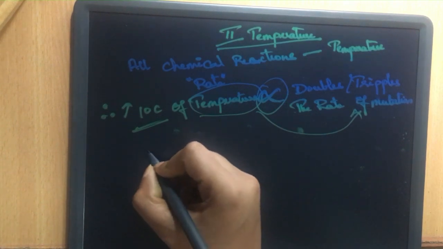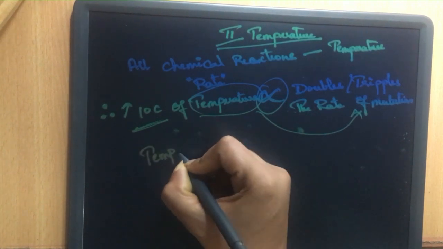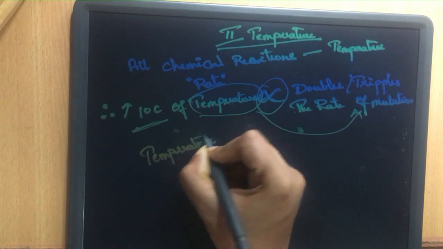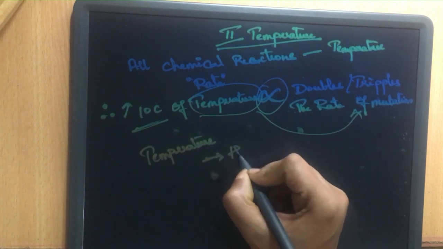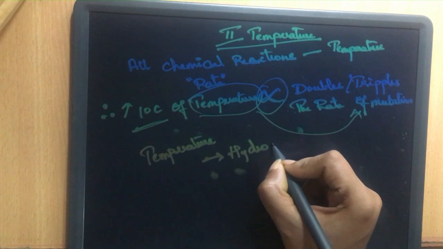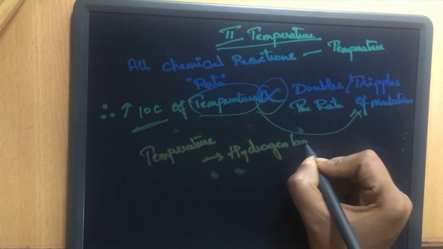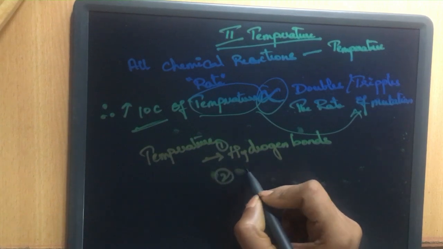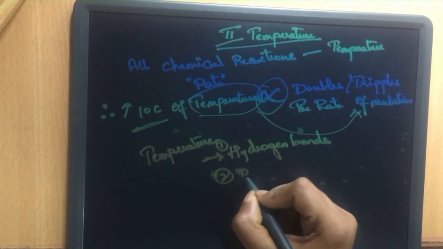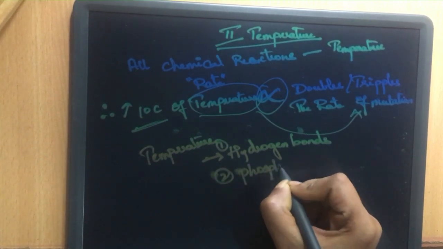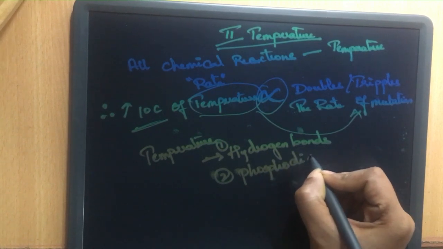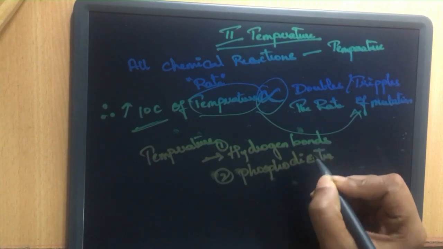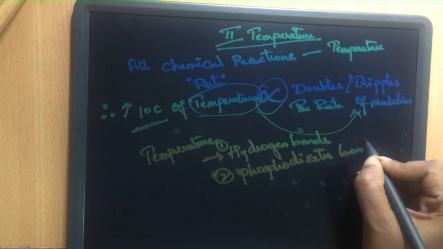How does it do that? Temperature affects the hydrogen bonds. First, it affects the hydrogen bonds that are in the DNA. Second, it affects the phosphodiester bonds in the DNA.